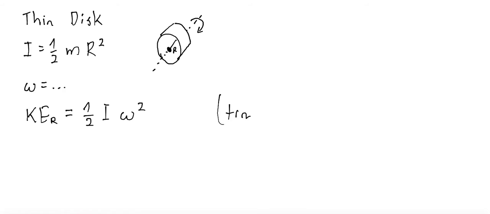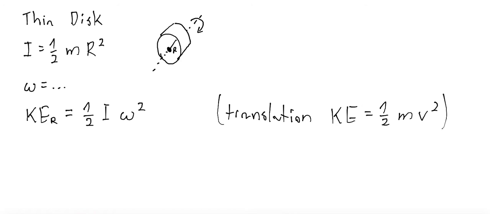So for typical translation, for typical displacement, kinetic energy is given by half of mv squared. In this case, we have something very similar. So let's look. In rotation, moment of inertia is the equivalent of mass in translation. In rotation, angular velocity is the equivalent of linear velocity. And this constant is the same. You see?